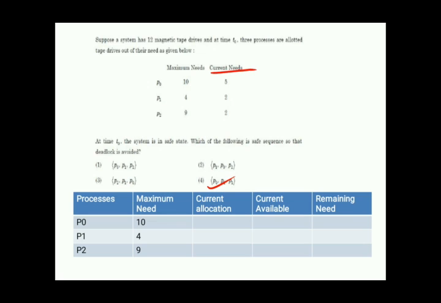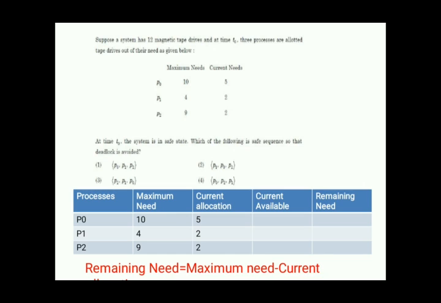For the process p0 the current allocation is 5 magnetic tapes, for p1 it is 2, and for p2 it is 2. Write these in the third column.